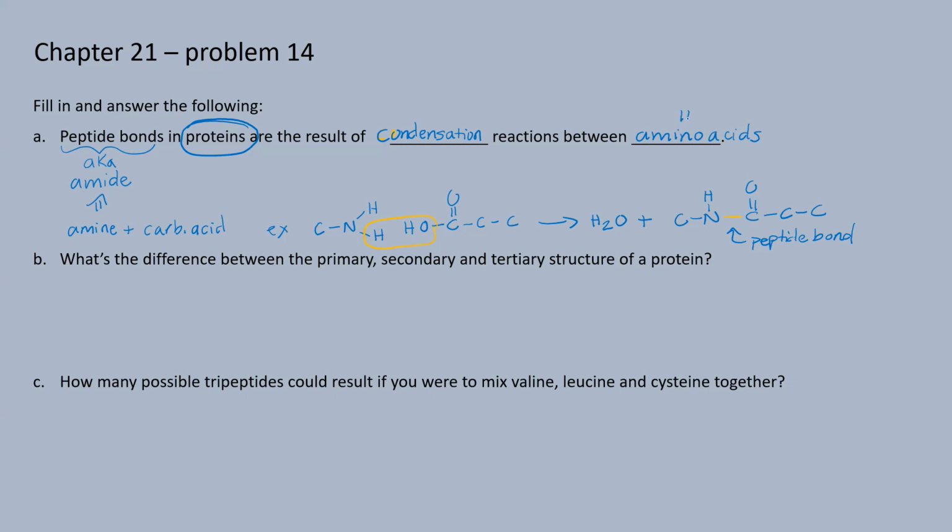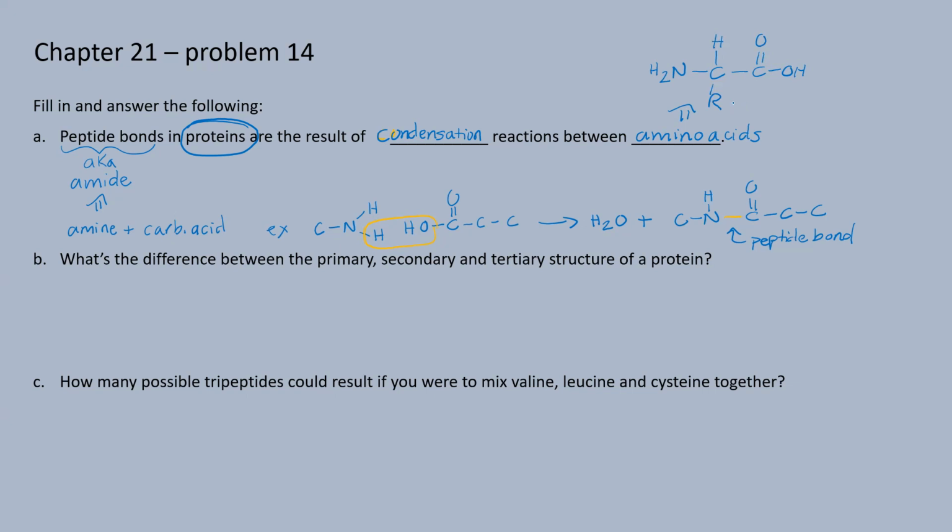So the general structure of an amino acid is you have an amine, a carbon, and then a carboxylic acid, a hydrogen, and some sort of side chain.